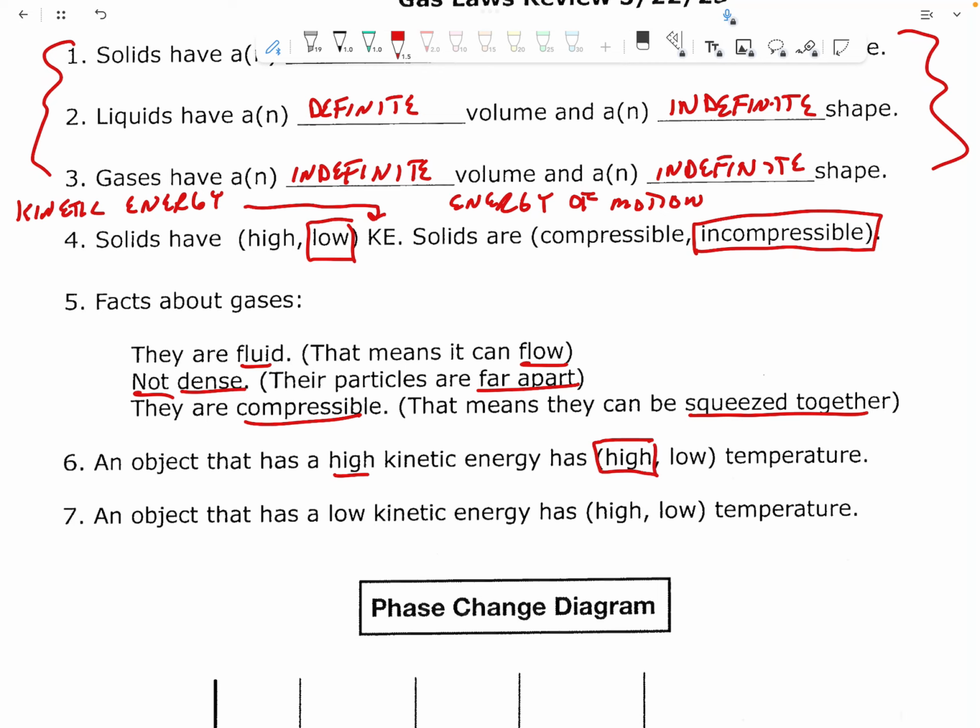Think of the stove, one of those metal coil stoves. You see that stove glowing red hot or orange. That means it has high kinetic energy. Those particles in that steel are vibrating really, really fast and therefore it has a high temperature. An object that has a low kinetic energy has a low temperature.